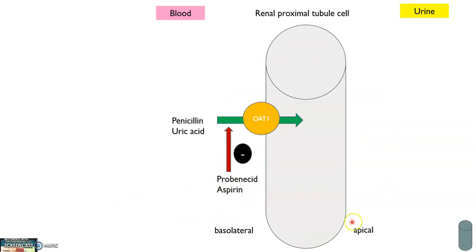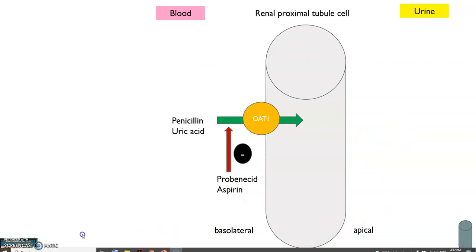So this is basically the diagram showing how penicillin is secreted. We have blood here, and then we have the renal proximal tubule cell, and then we have urine. We have the basolateral area and the apical area.